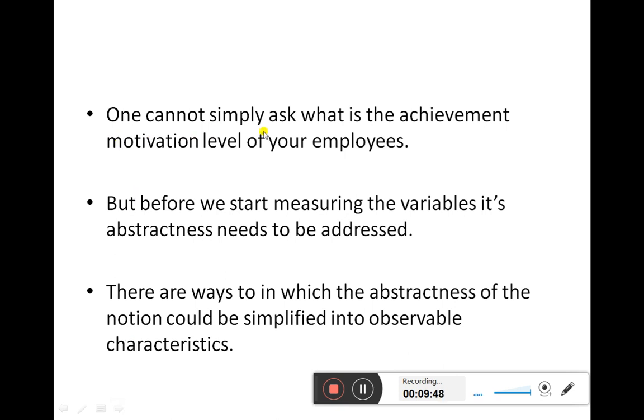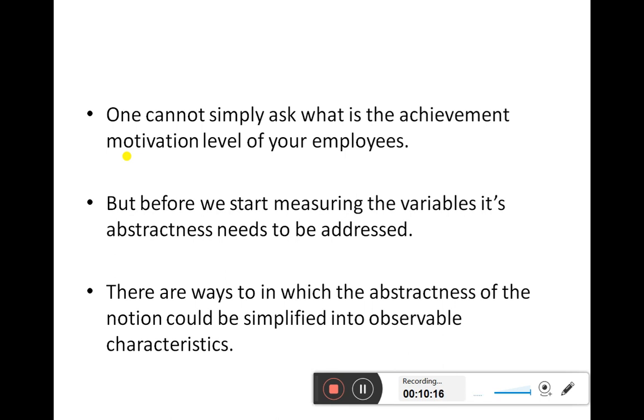One cannot simply ask what is the achievement motivation level of your employees within an organization. I can't say that I am 20% motivated, or 90% motivated. No, I say to some extent I am motivated, at most I am motivated, almost I am motivated, I am very much motivated, I am absolutely motivated.